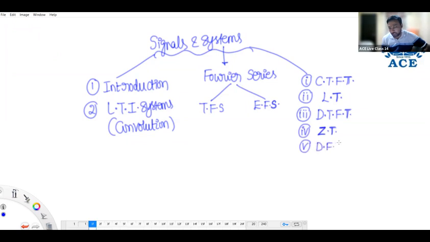Last one, DFT, discrete Fourier transform. All these transforms we are learning. Some of the applications of Fourier transform we are learning, like the sampling theorem is one concept. Correlation is another concept.